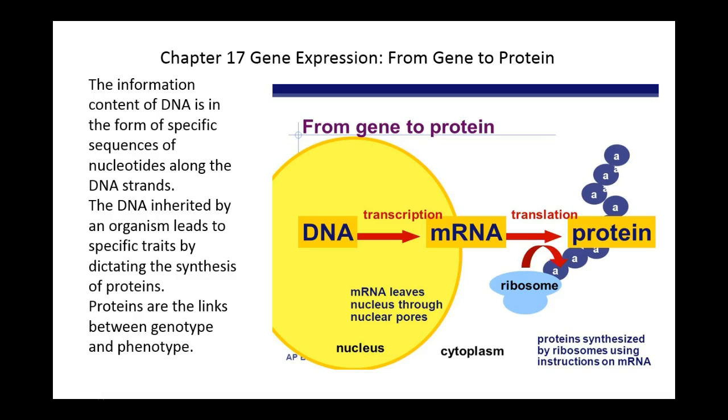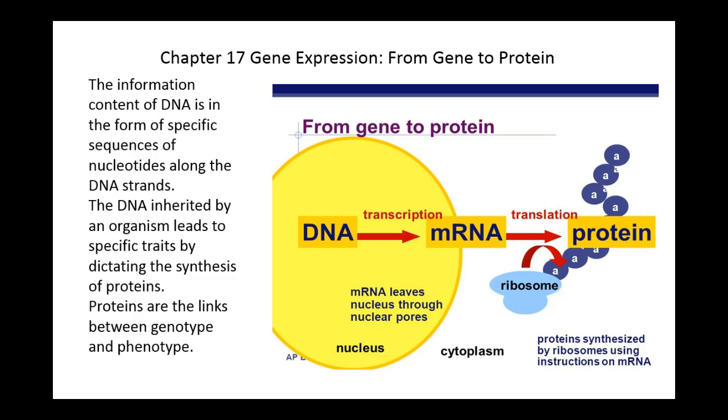RNA is a molecule that is very similar to DNA, but not the same. But RNA has this special power in the fact that it can leave the nucleus, because DNA can't leave the nucleus. So then messenger RNA can leave the nucleus. That process of DNA giving its instructions to messenger RNA is called transcription.